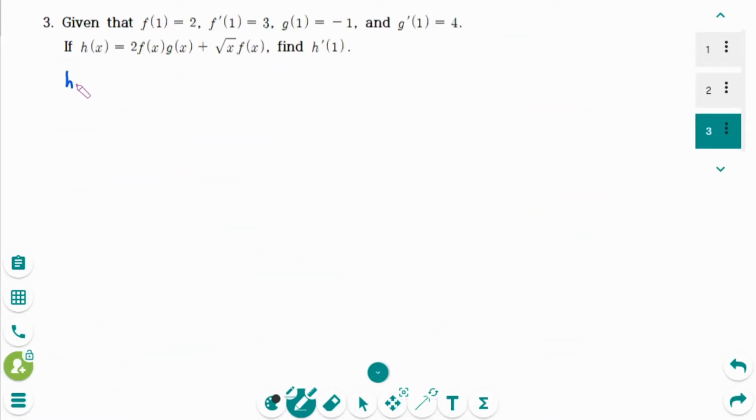Number 3, h prime of x equals, differentiate the first term first. Then differentiate the second term.